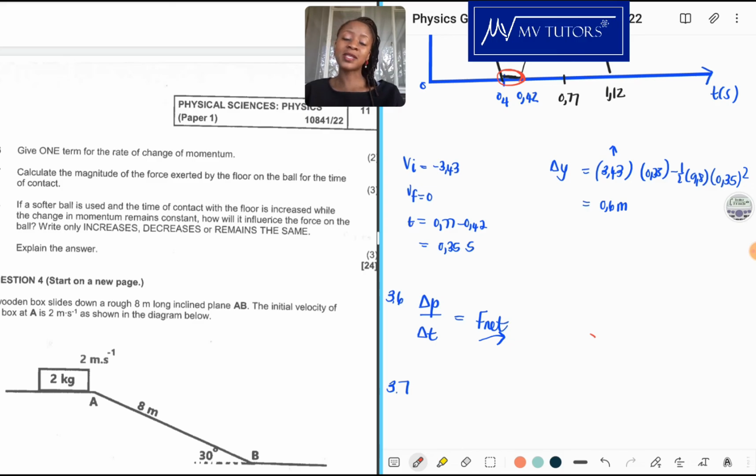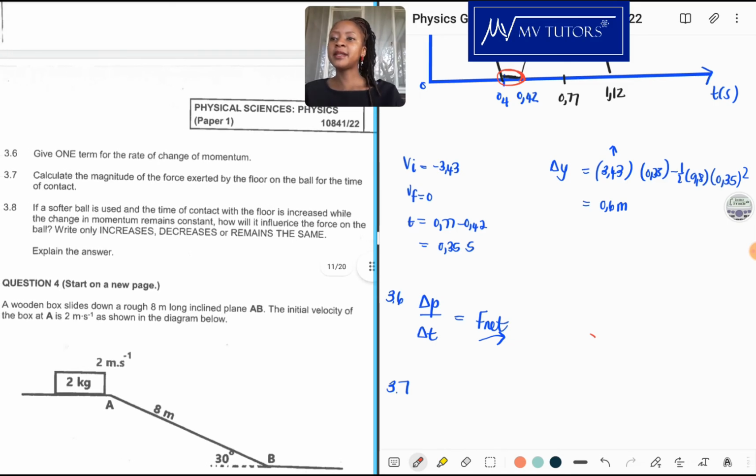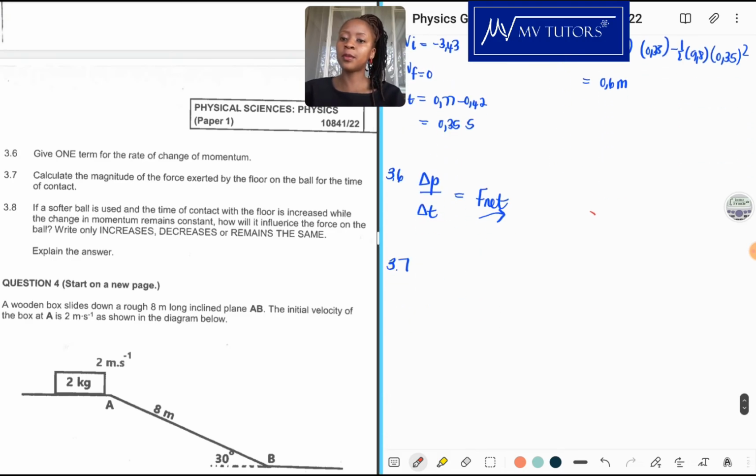Now what's happening with delta P? Remember, delta P is the change in momentum, impulse if I could say.